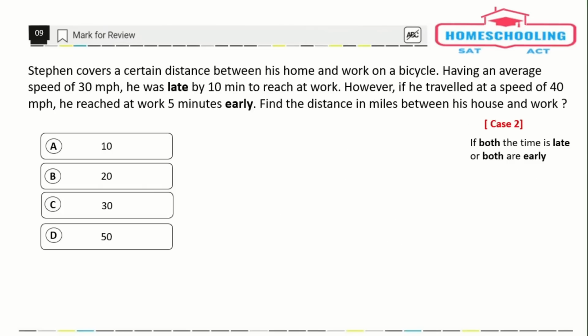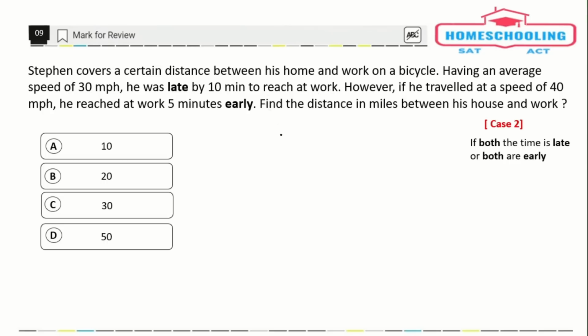This one is a nice question, a very good question. The question says that Stephen covers a certain distance between home and work on a bicycle, having an average speed.